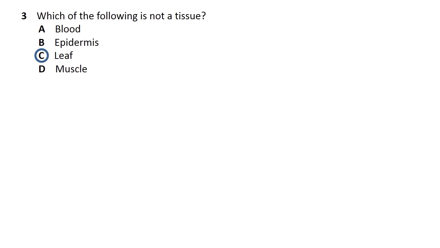So a leaf is an organ. And remember again, an organ is a group of tissues working together. The rest, blood, epidermis and muscle, are tissues, but the leaf is an organ. So for 3, our answer is C.